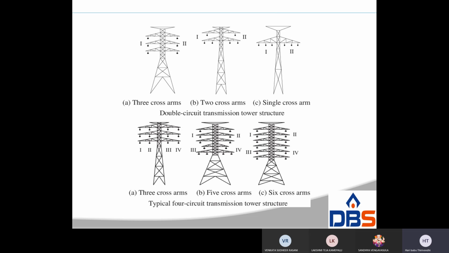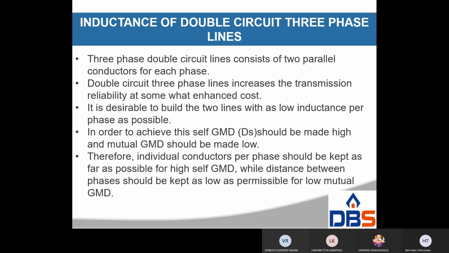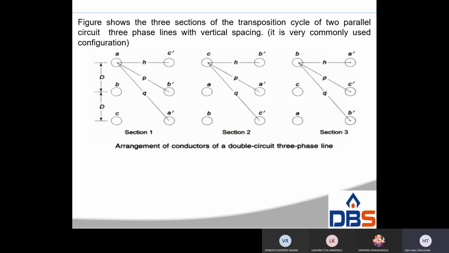Three cross arms, two cross arms, one cross arm, and here like this. We don't have that double circuit line here, but in the grid itself, double circuit lines will be there. And suppose the given double circuit line is like this.